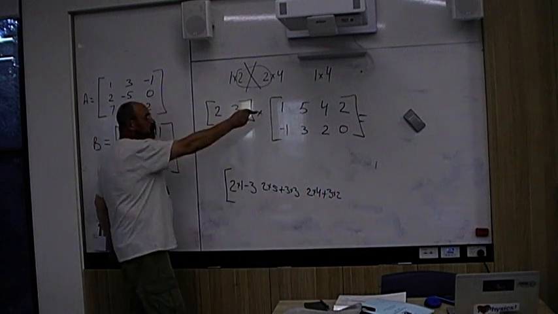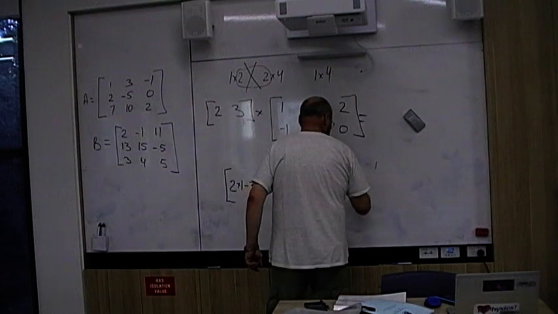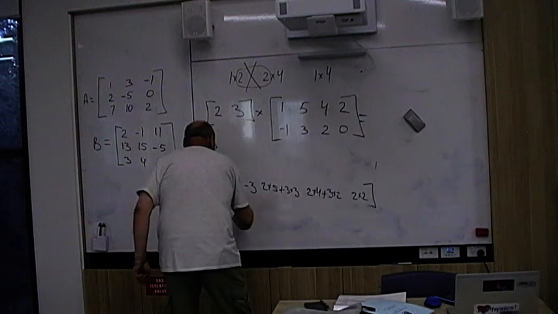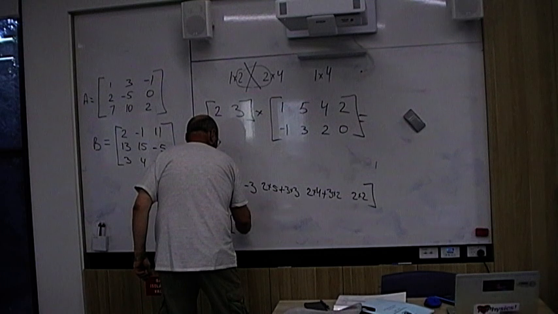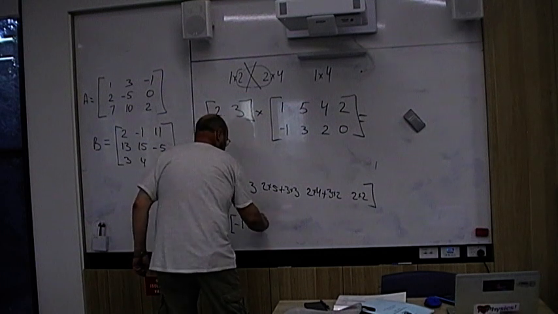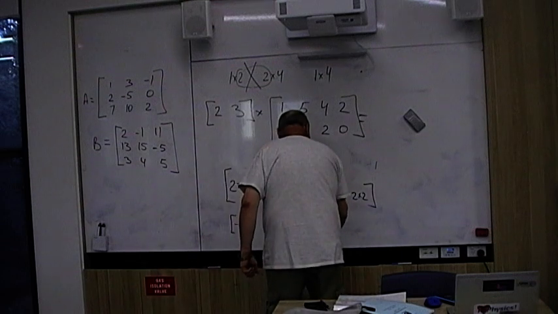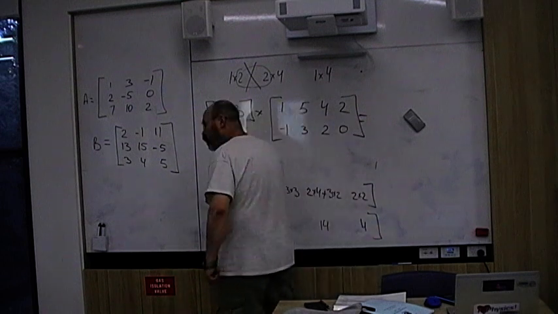Then first row by the fourth column: 2 times 2 plus 3 times 0 is 0. So the resultant matrix is 1 by 4. We have minus 1, 19, 14 after the first entry. So we got a 1 by 4 matrix.